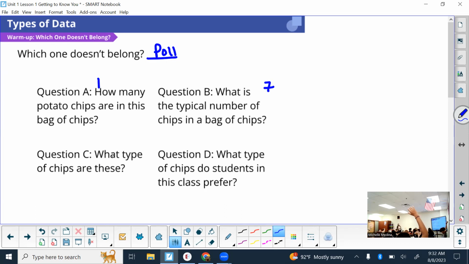Okay, keep them up because I need to count. Okay, I counted 23, give or take. And then raise your hand if you thought D did not belong. Okay, so everyone seems to think that D belongs or they're just too shy. So good level of participation.